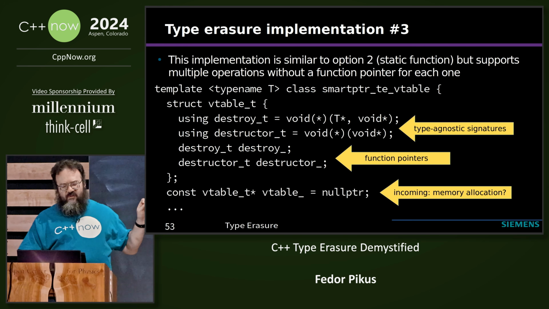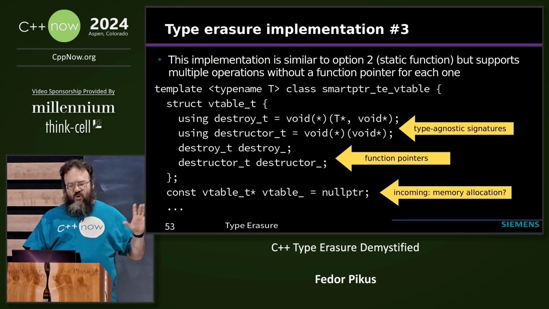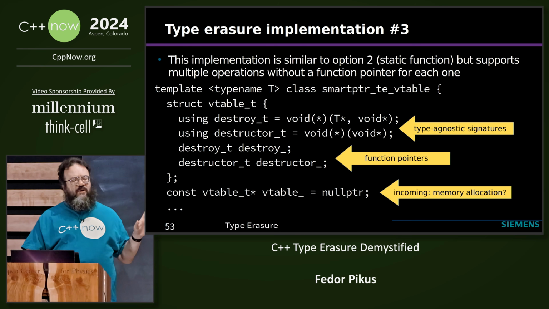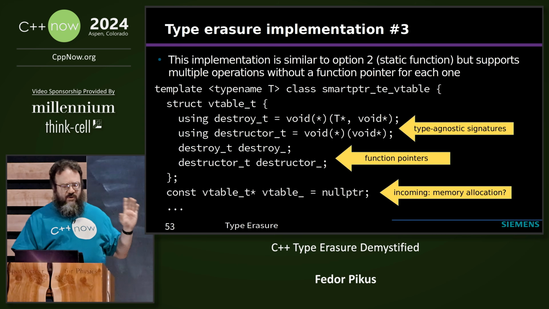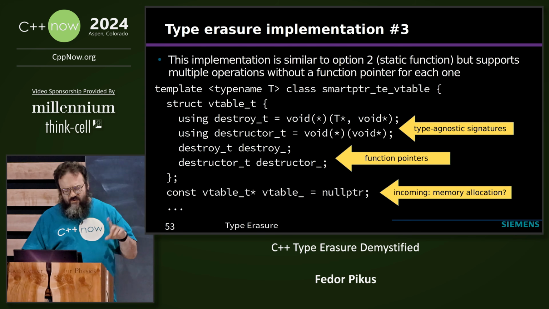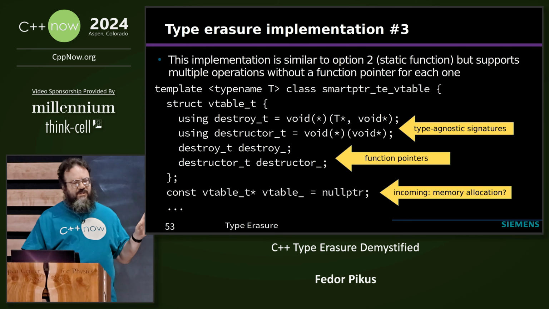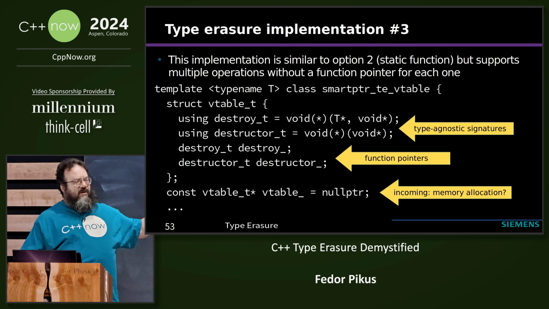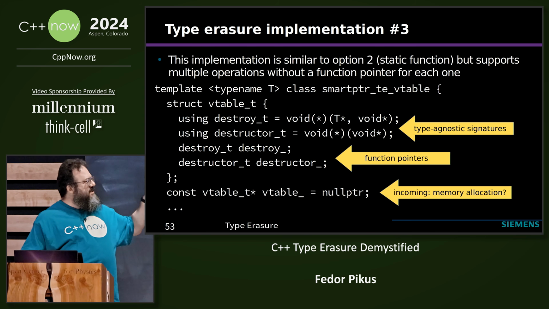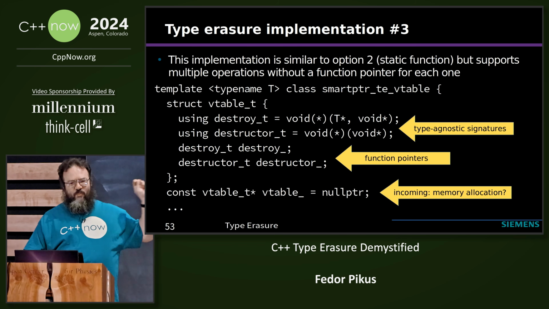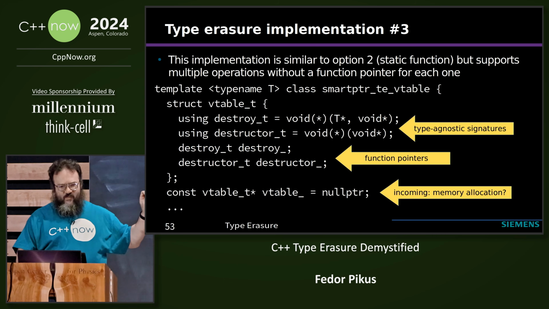All of this is taken from the works mainly of Eduardo Madrid, whose works are based on some of the earlier works by Arthur O'Dwyer. I'll have a reference later on a slide. There is a wonderful open source type erasure package called Zoo that Eduardo wrote that does basically that. What I did is greatly simplify the quintessential part of it to explain to you what's going on.